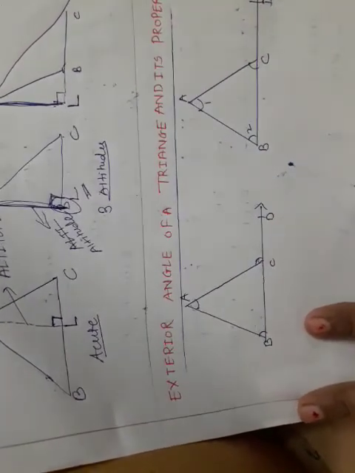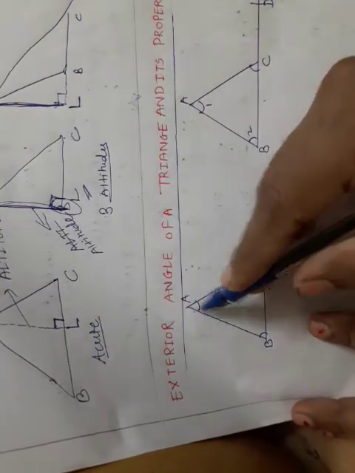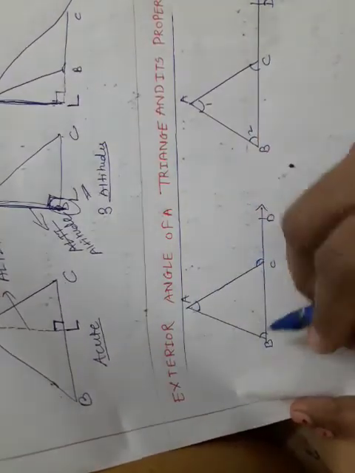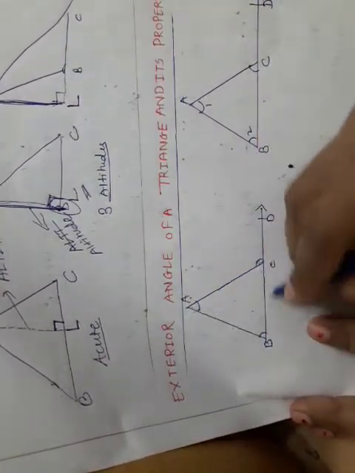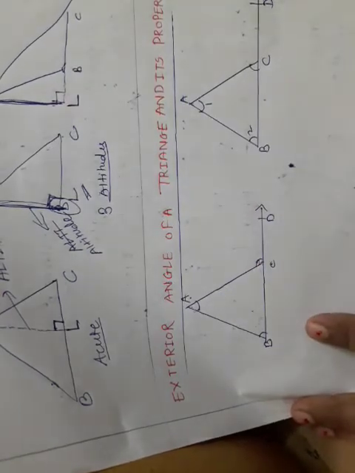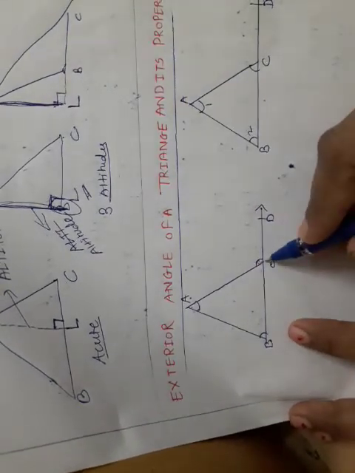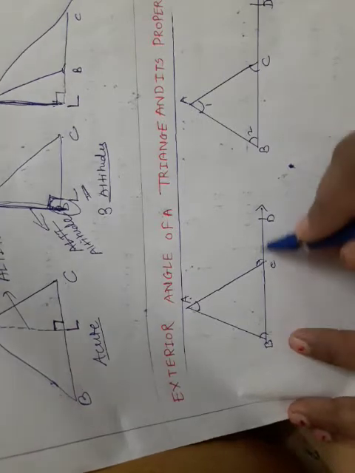What is meant by exterior angle? I have drawn here triangle ABC, and at the vertex C I extend this line.